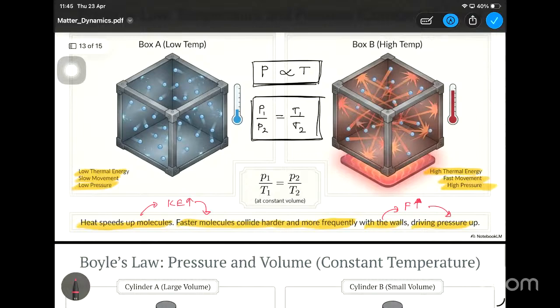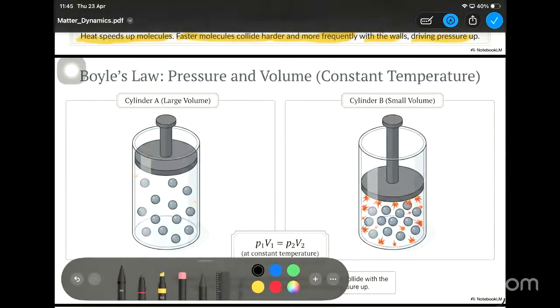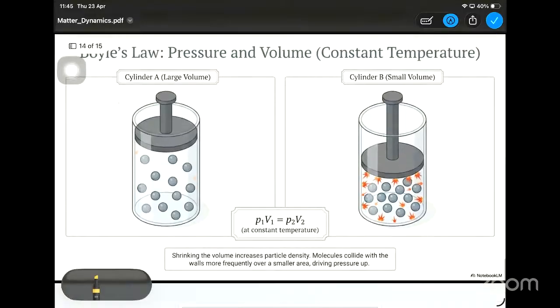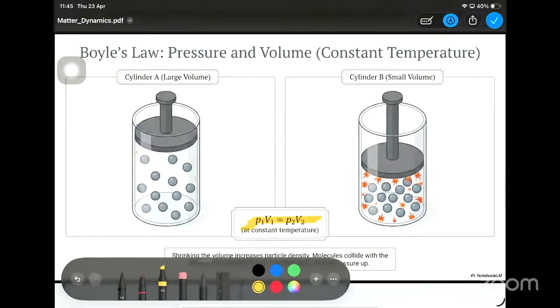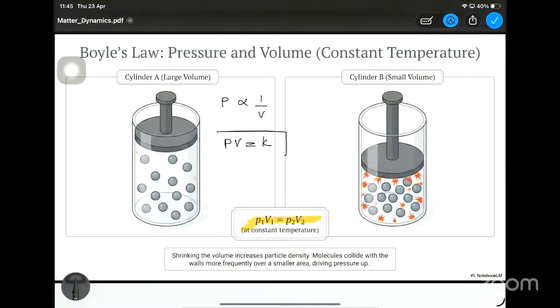Okay. Then Boyle's law, pressure and volume. Here P1 V1 equals P2 V2, right? So the main theory point here is that P is inversely proportional to V, and finally we can say PV will be equal to K. So this is Boyle's law.